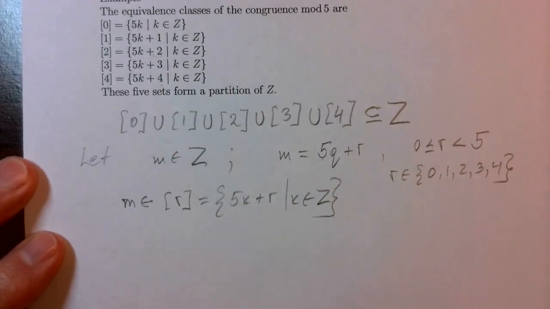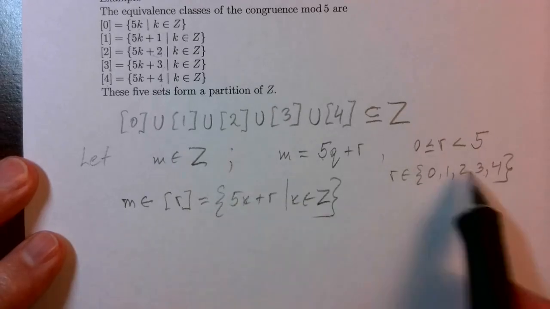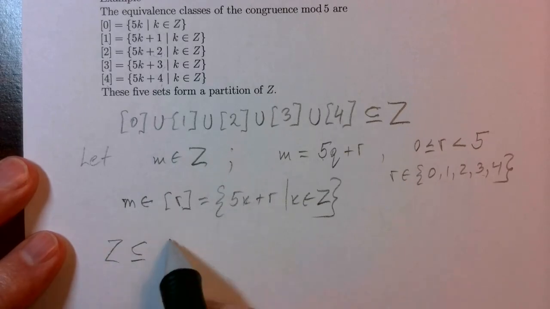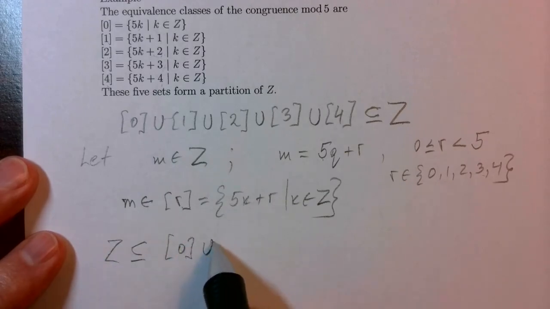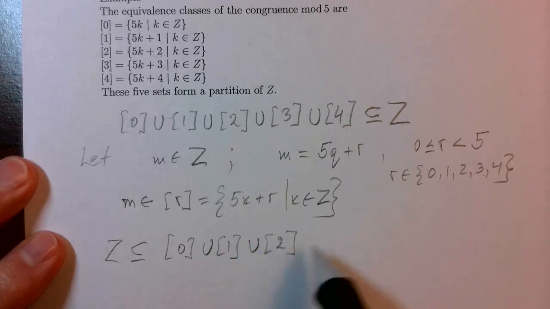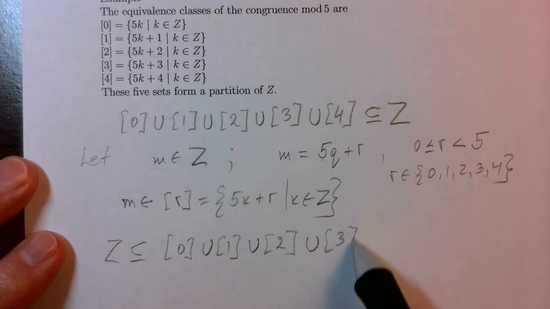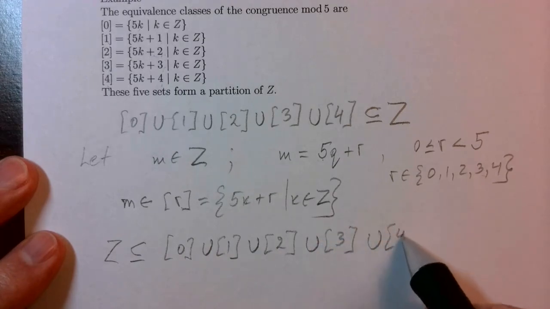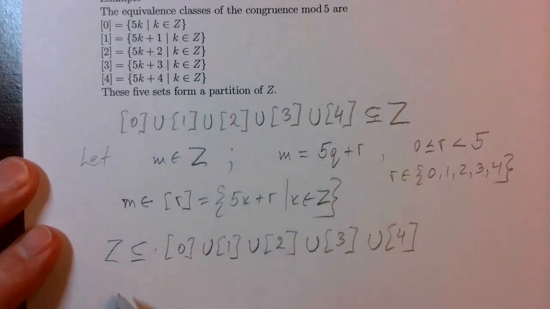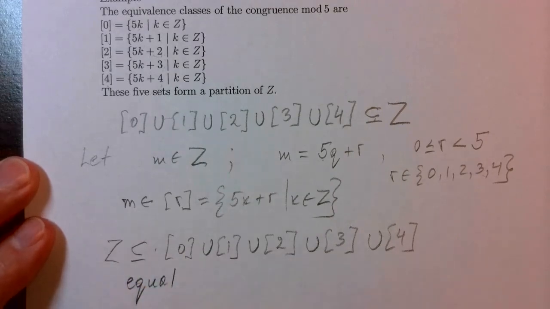This is one of these numbers, and r is one of these sets, so we prove that Z is a subset of the union of the subsets. And having two opposite inclusions, we conclude that Z and the union are equal.